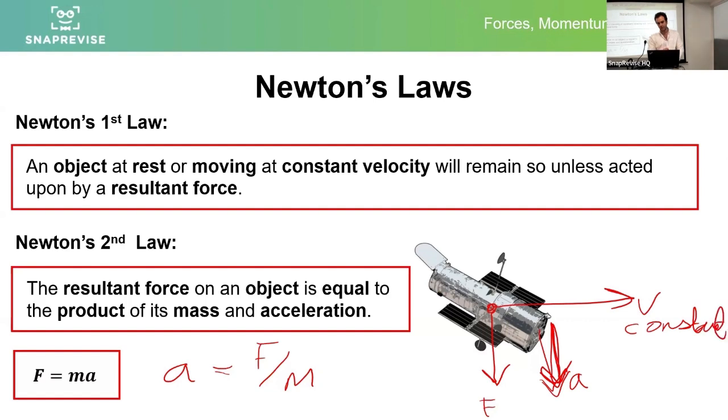horizontally. And indeed, that horizontal velocity will be constant as per Newton's first law until a resultant force acts horizontally upon it. Maybe it'll collide with the atmosphere and there'll be friction, or maybe it'll fire its thrusters and that'll interfere as well. But until that day, it'll carry on happily at constant velocity.